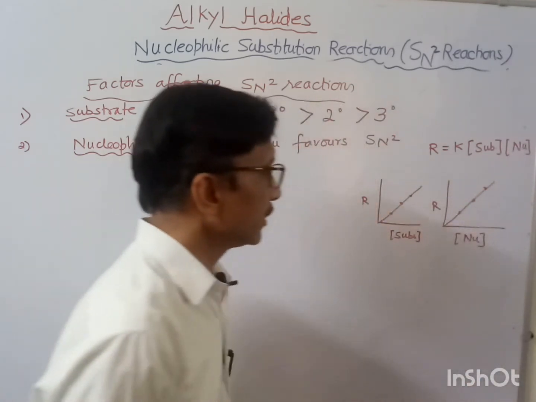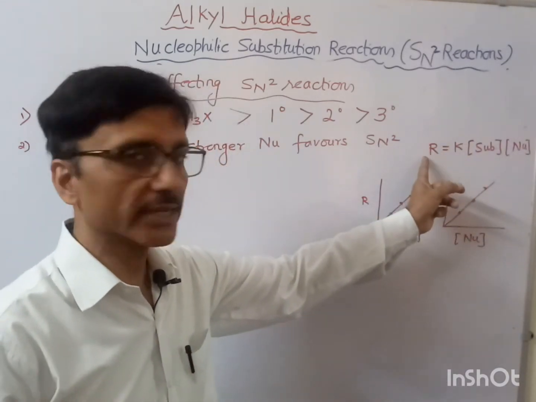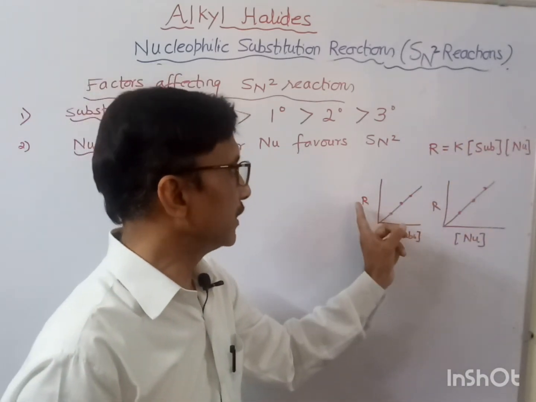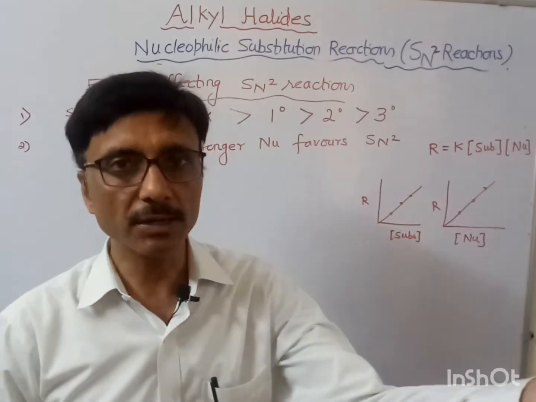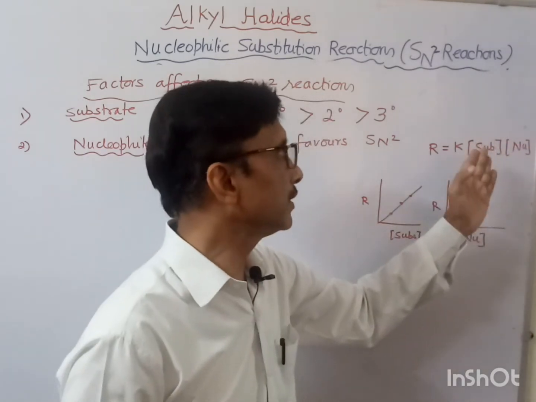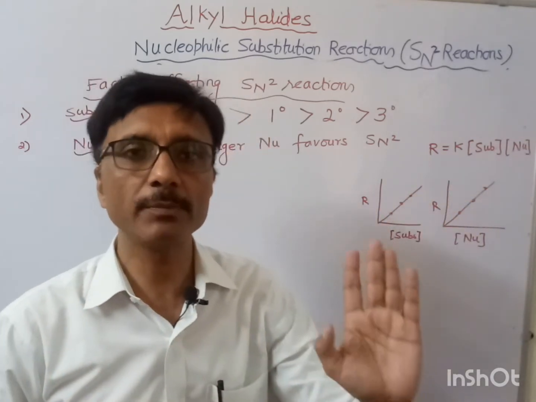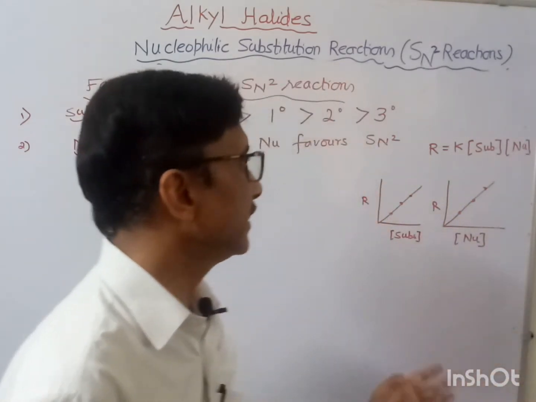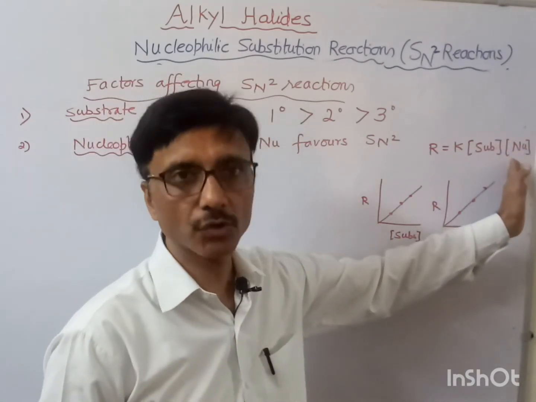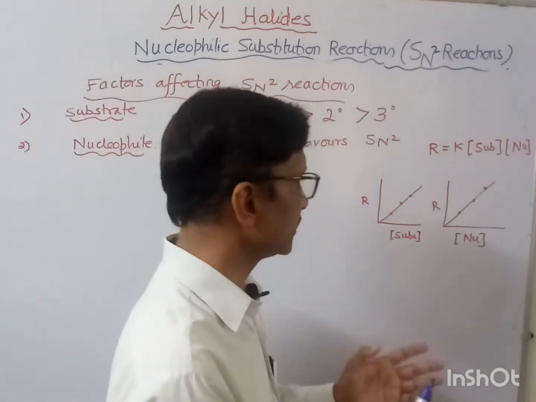If we double the concentration of nucleophile, the rate of the SN2 reaction will double. If we double the concentration of substrate, the rate will also double. And if we double both the nucleophile and the substrate, the rate of the SN2 reaction will become 4 times. In the same way, if we triple the concentration of nucleophile, the rate of the SN2 reaction will become 3 times.